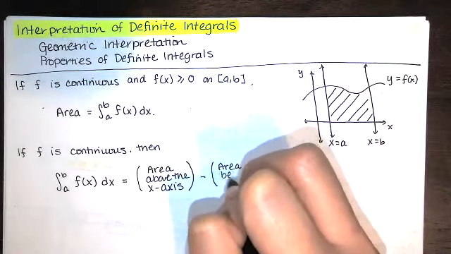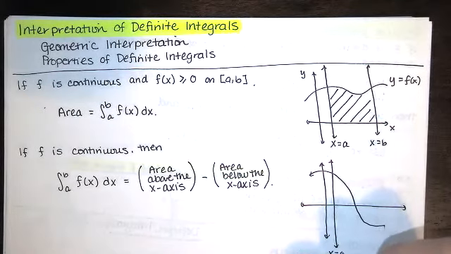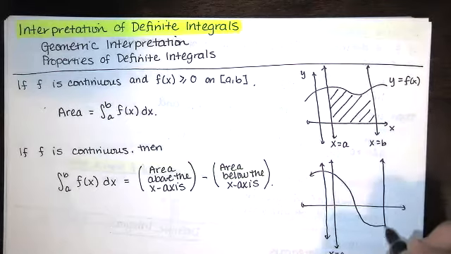If you're saying to yourself, there's a lot of area below the x-axis, you're absolutely right. Let me be more specific. I'll draw you a picture. So let's say your function looks like this. And at x equals a, we're over here. And at x equals b, we're over here.